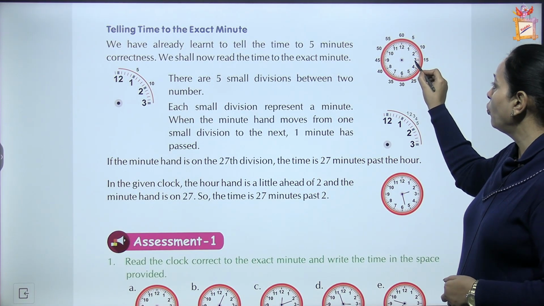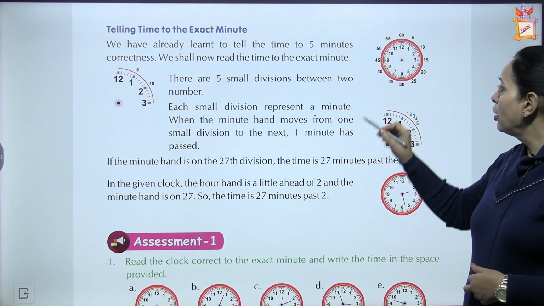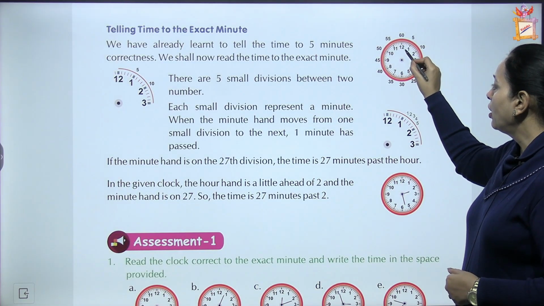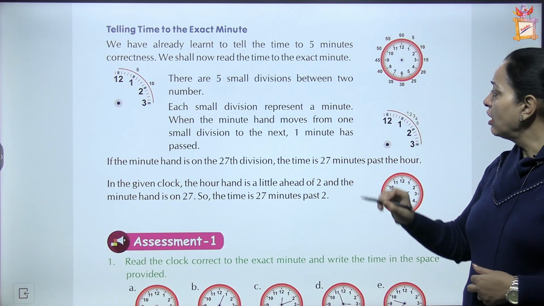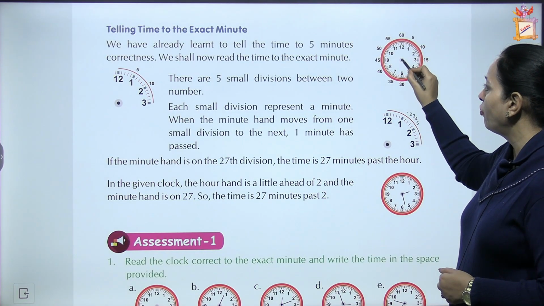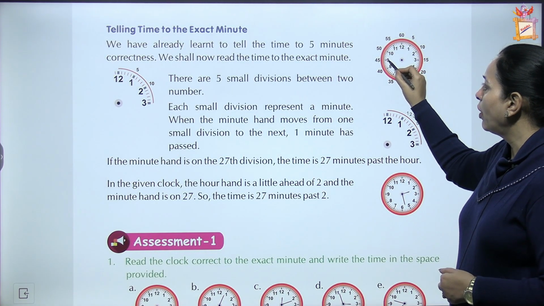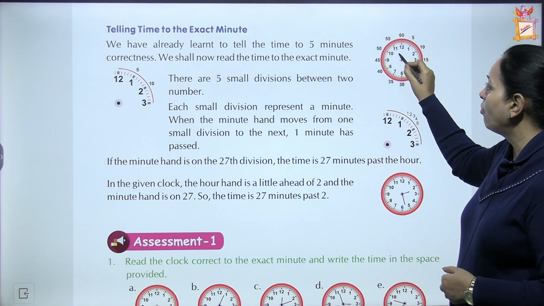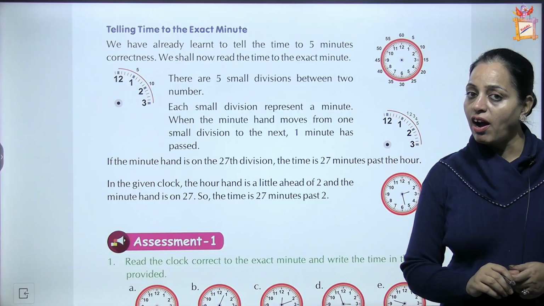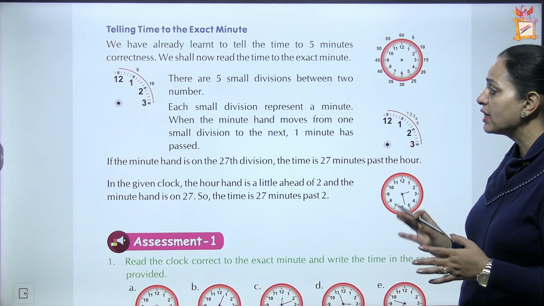Now 12 to 3, 15 minutes. 12 to 4, 20. 12 to 5, 25, 12 to 6, 30, 12 to 7, 35, 12 to 8, 40, 12 to 9, 45, 12 to 10, 50, 12 to 11, 55. So I hope this is clear to you.